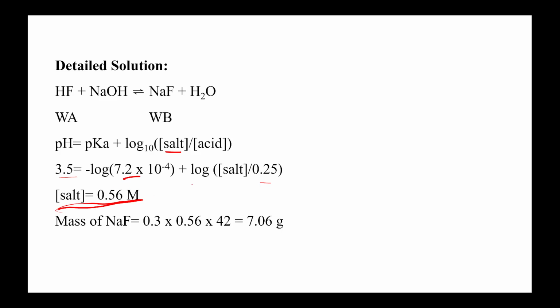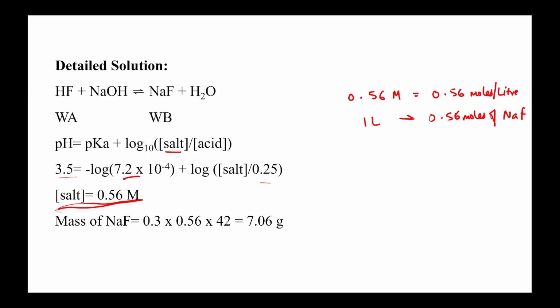After this, the salt concentration that we have got is 0.56 molar. This means it has 0.56 moles per liter of solution. Now what is the volume of solution we have? This basically means in 1 liter solution we have 0.56 moles of NaF, right?